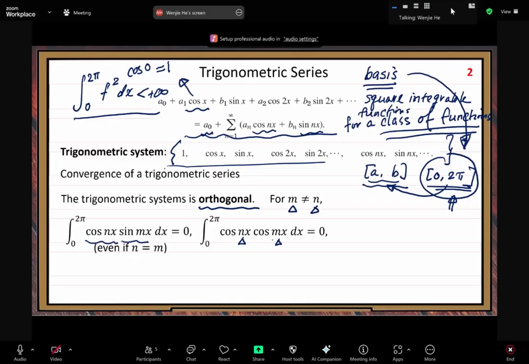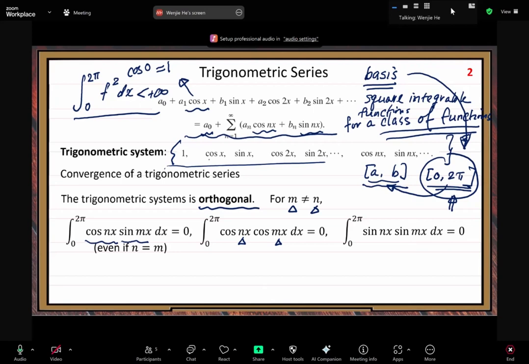But if these two numbers are different, the integral of the product is always 0. Similarly for sine nx and mx with different m and n, the integral is also 0. So this property we call the orthogonality property.